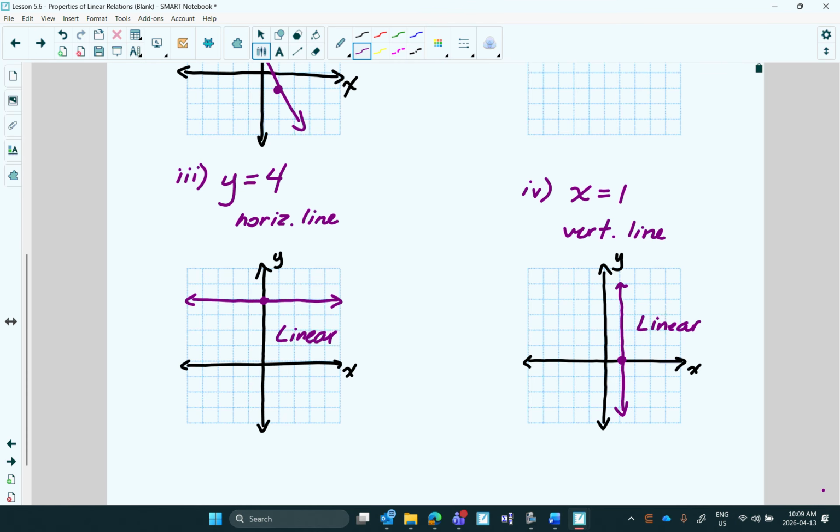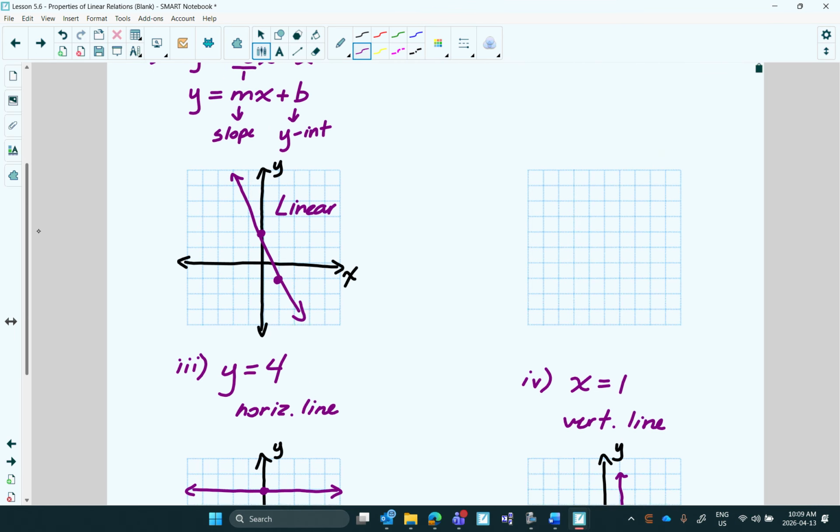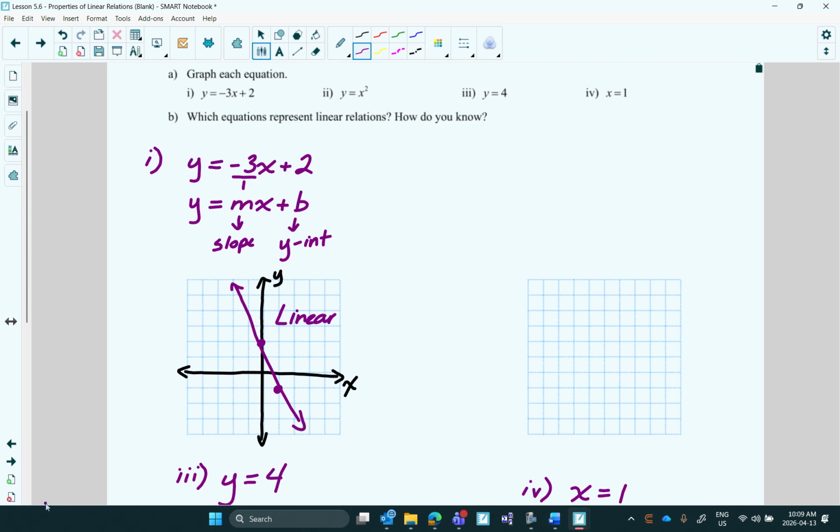Okay, this one. I saved this one because it's something that we haven't seen a graph of. Y equals X squared. Usually the best bet, and we're going to do this in grade 11 and 12, when we see an equation that we're not sure of the graph of, always start with the table.